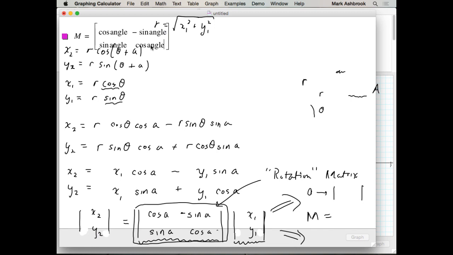If you want to call it A, if that's simpler, that's fine. So that's what I'm asking. Should we do m of angle or just call it m?